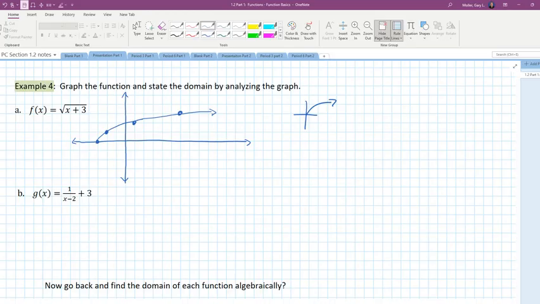Graph the function, state the domain. So based upon this, knowing what I know, I would say the domain would be all the x's such that they belong to the set of numbers starting at -3, including -3, and keeps on going.